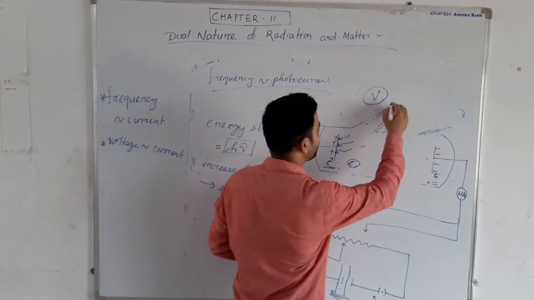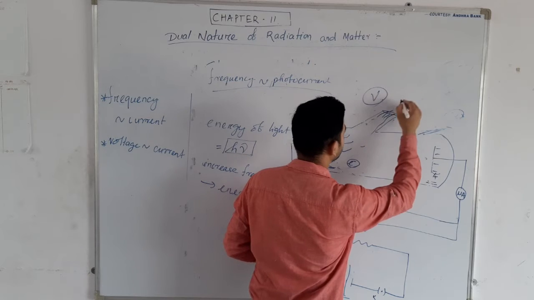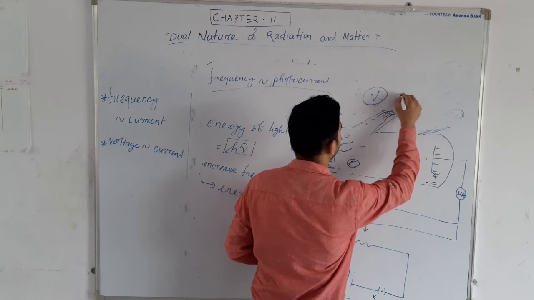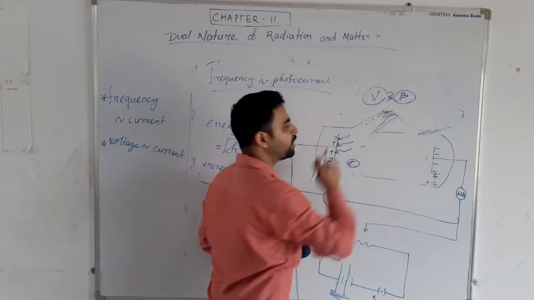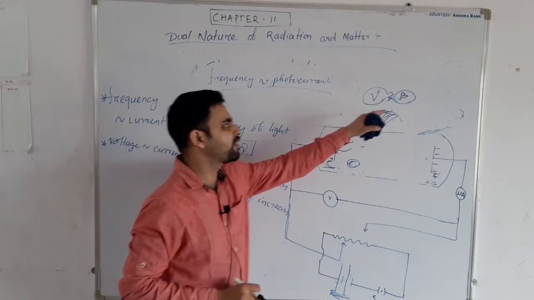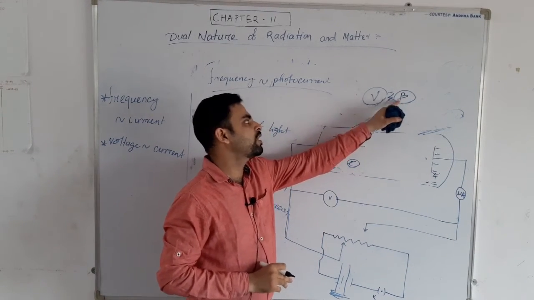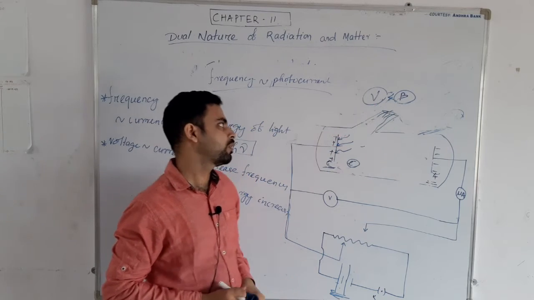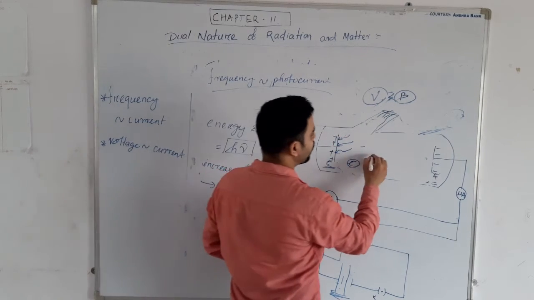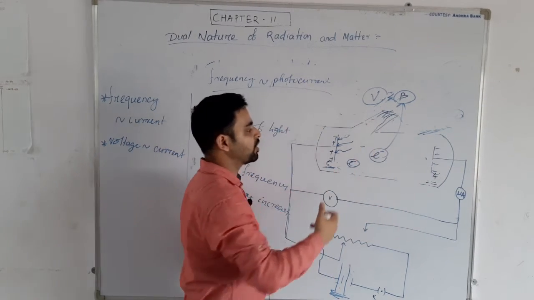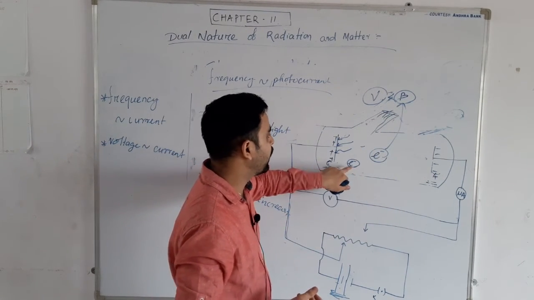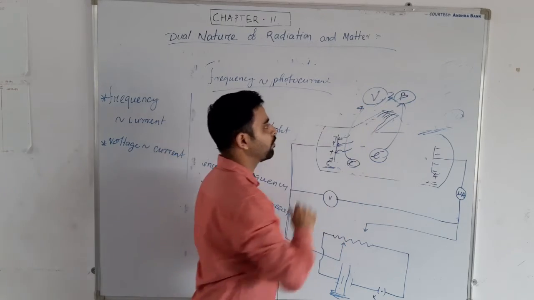Again, if I increase the frequency more and more, suppose beta is the color of light which has more frequency than violet. So the electrons emitted by beta have more energy than the electrons emitted by violet.